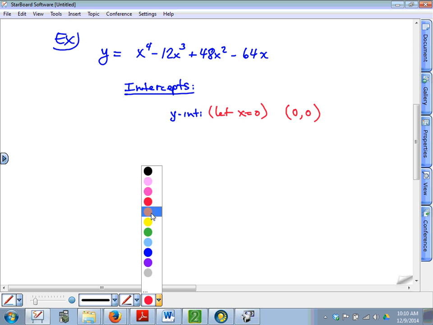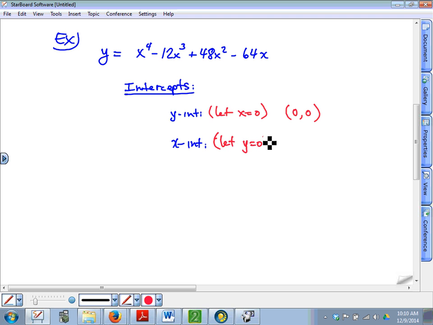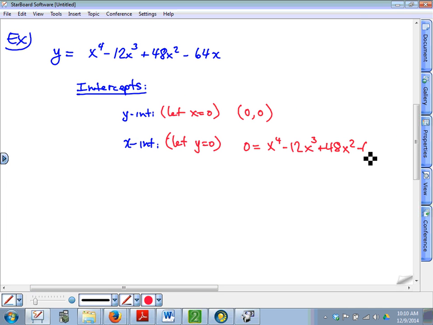To find an x-intercept, you let y equal 0. So that gives us the equation 0 equals x to the fourth minus 12x to the third plus 48x squared minus 64x.